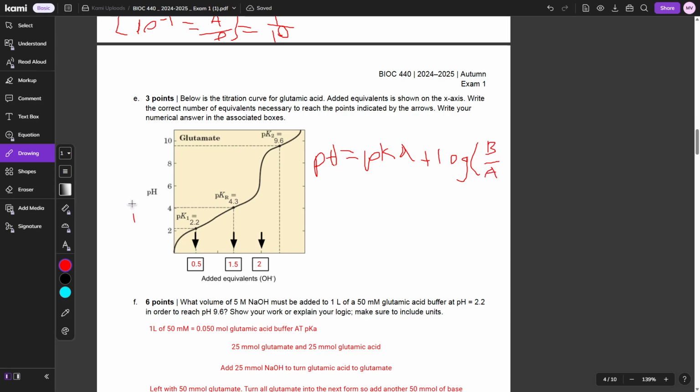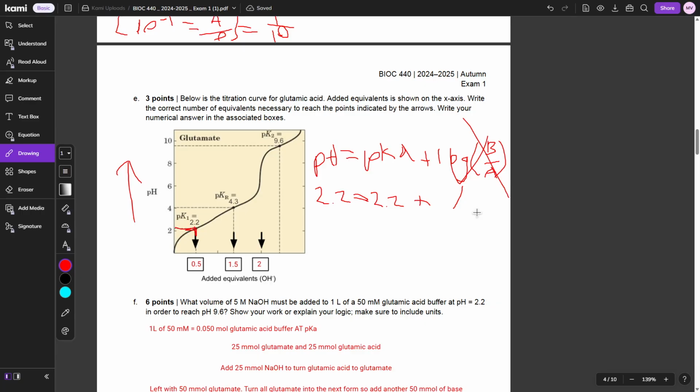Notice the y-axis here is pH. If I want the pH to be equal to pKa, so I want 2.2 to equal 2.2 plus this log stuff, in order for that to be true, this whole term has to cancel to 0. B has to equal A.